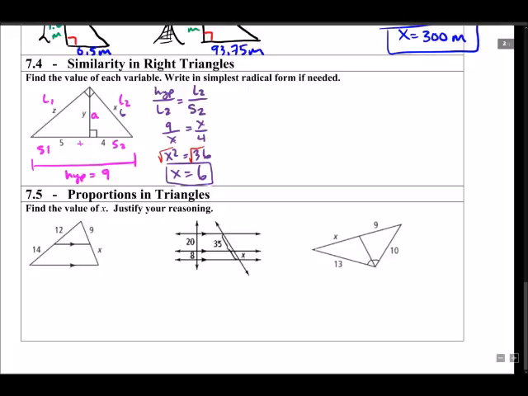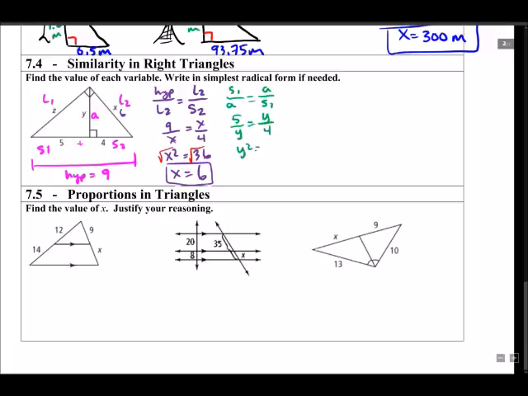Next, y. Y is our altitude. We know that the altitude is the geometric mean, right? Altitude is the geometric mean of the segments of the hypotenuse. So that gives us 5 is to y as y is to 4.